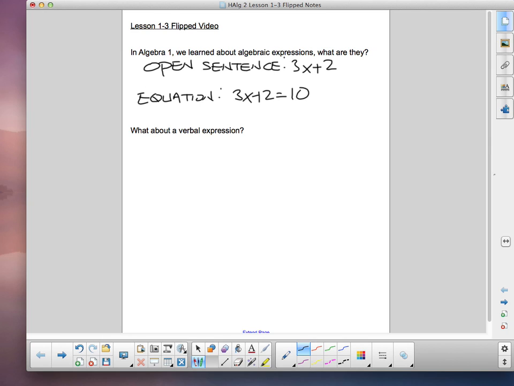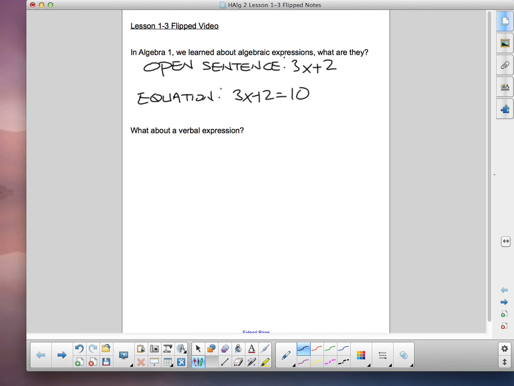Alright, in this case, 3x plus 2, that's an equation if it's set equal to 10. Okay, when it wasn't, it was just an open sentence. When it is set equal to 10, now we have an equation. Okay, so that's an algebraic expression. It has our letters, our variables, and some numbers along with it.